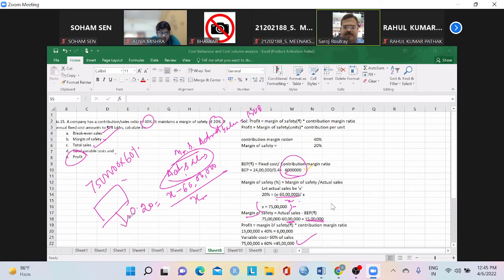Fixed cost is recovered at break-even point and margin of safety is over break-even point. At break-even point, you have recovered all fixed cost. Thereafter, whatever you sell, that is 15 lakhs, because your sales is 75, your BEP is 60. So in this 15 lakhs, whatever contribution margin you get, that is 40%, that is your profit. 6 lakh. So all 6 lakh is your profit.